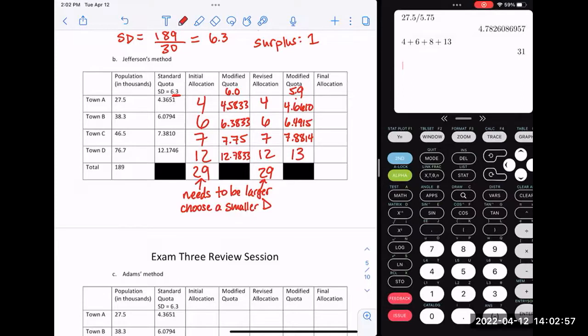So Jefferson's method again uses lower quotas. So this is going to give me 4, 6, 7, and then that would just stay 13. What does that give me? Woohoo. So now that we got it to add up to 30, then we're done. And this is our final apportionment.